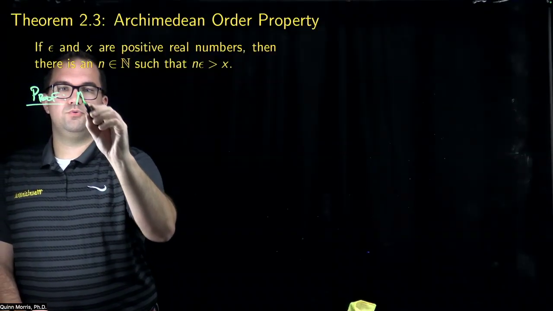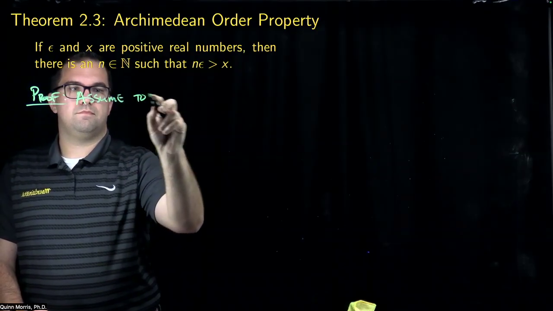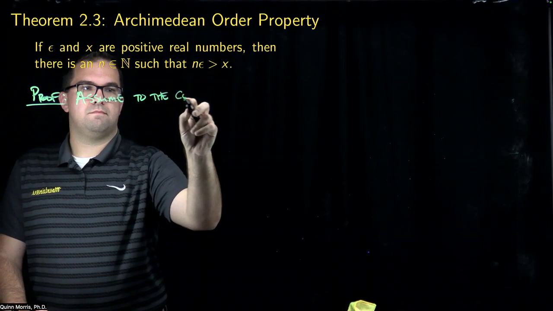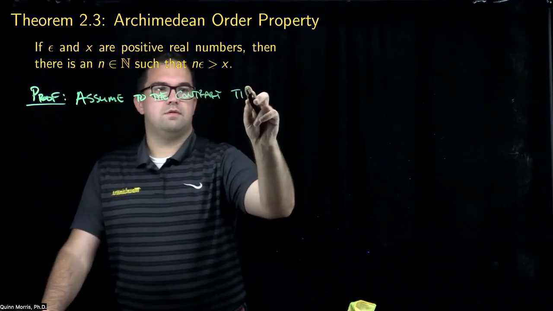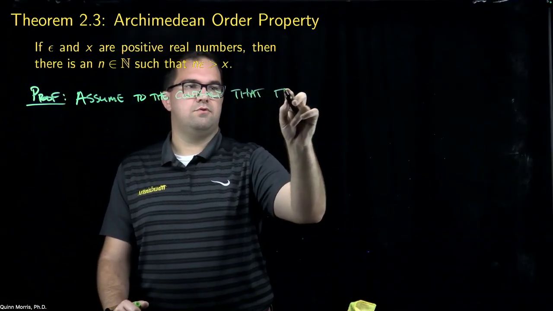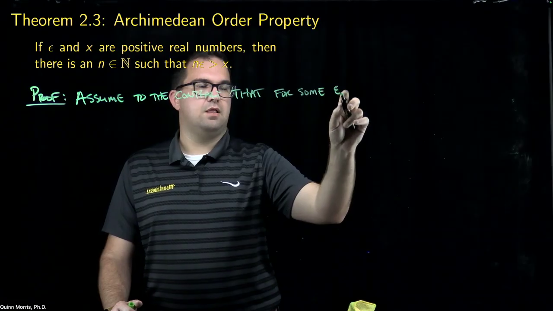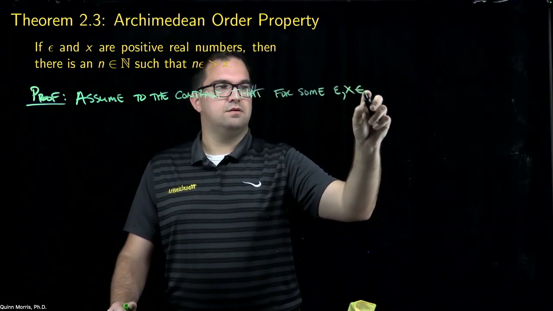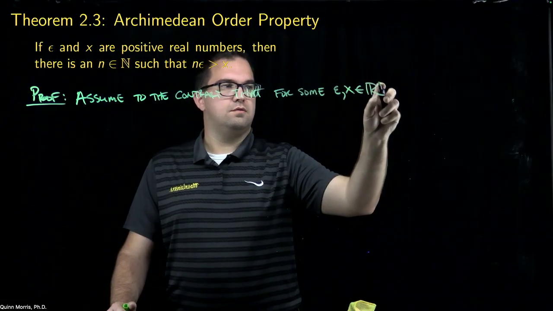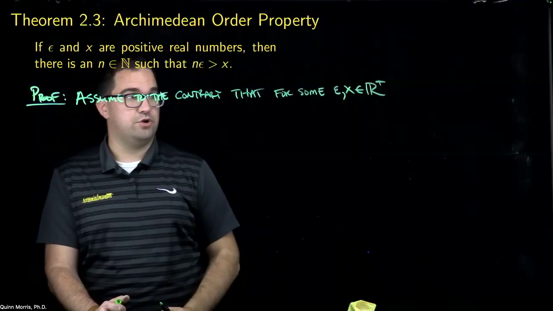So we are going to assume to the contrary that for some epsilon and x, and I'm going to use this notation R plus, meaning they're positive real numbers.